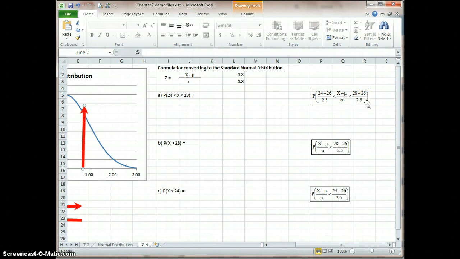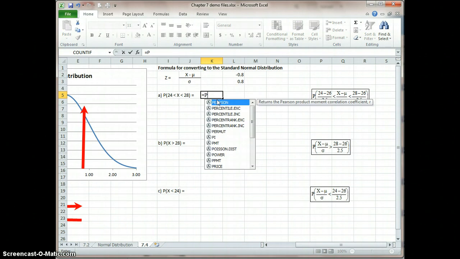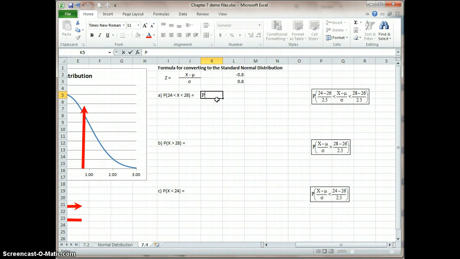The other way to put this would be the same as P of minus 0.80 is less than Z is less than 0.80.